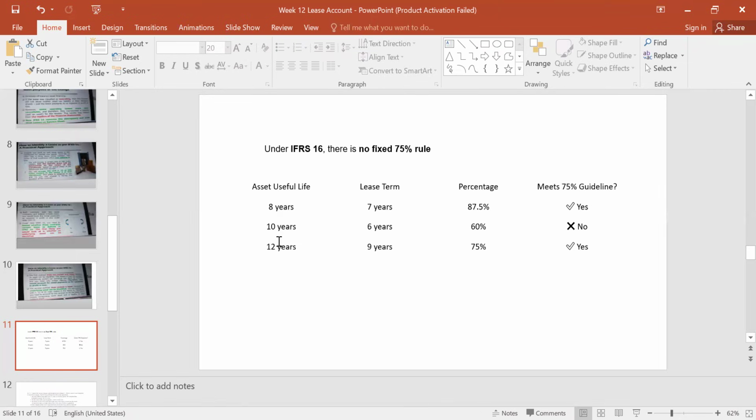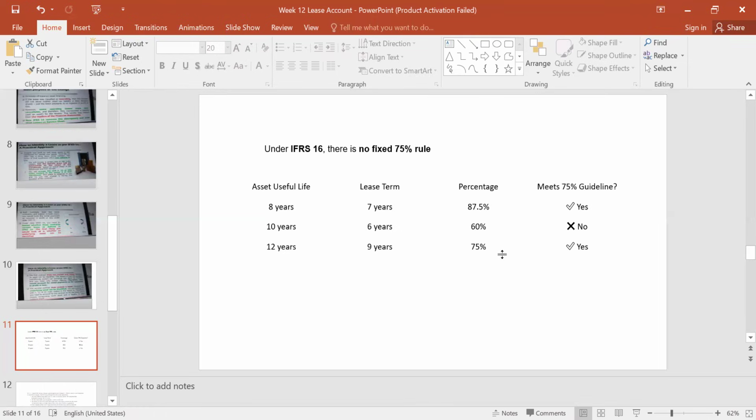Another: the asset useful life is 10 years, and if you continue the lease agreement for 6 years, then 60%, which does not reach 75%. So it is not a lease agreement. Then if the asset is 12 years, you have to continue the lease minimum 9 years, then it will be 75%.